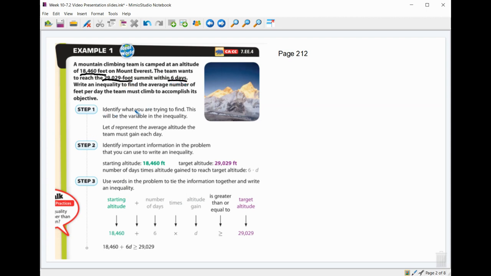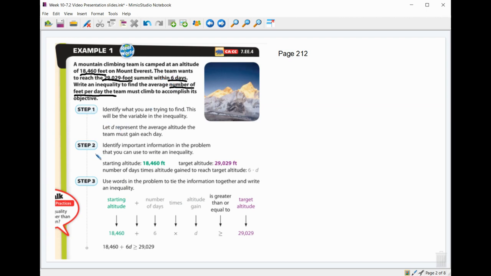So this is some important information. Now it's saying write an inequality to find the average number of feet per day the team must climb to accomplish its objective. So the point is we need to know how many feet per day they need to climb in order to reach their destination within the time allotted.